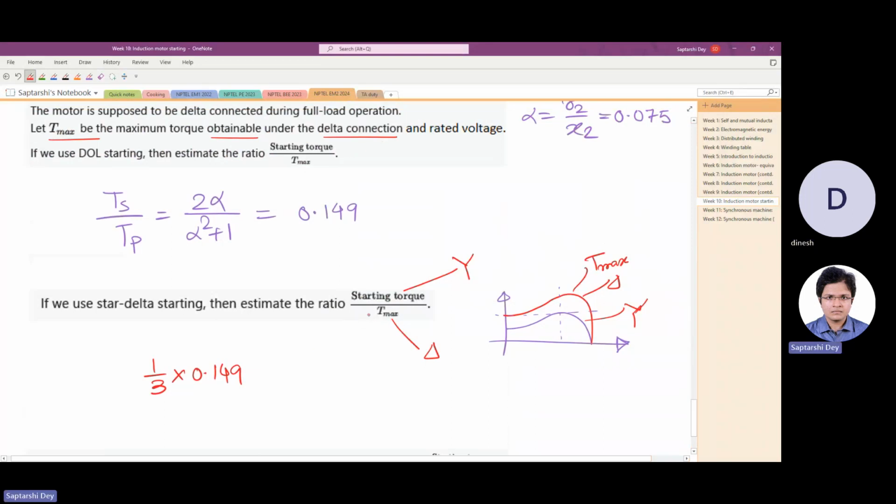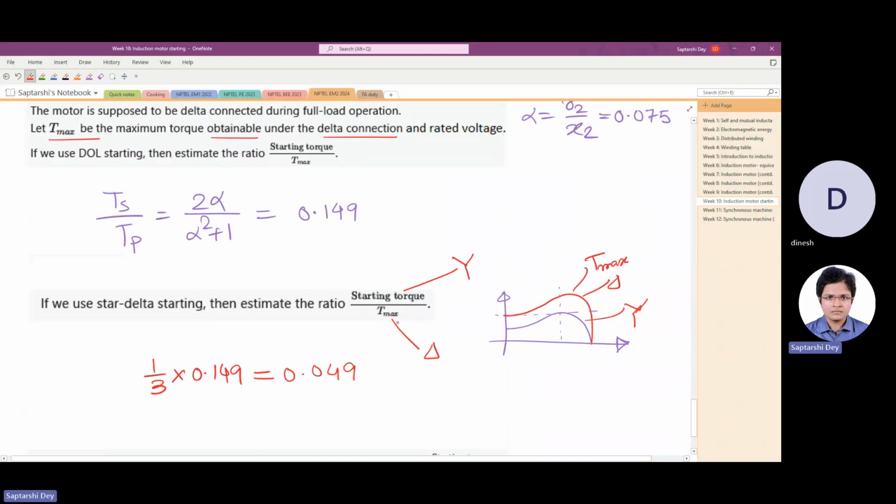So Tmax remains as usual as before, what was in the last problem. Starting torque is one third. That's why this ratio becomes one third. Tmax is a constant here. Tmax is not the maximum torque in star.